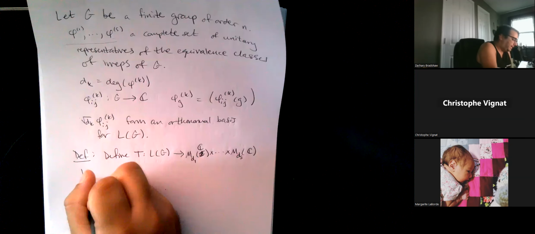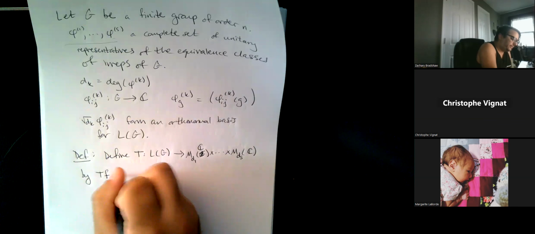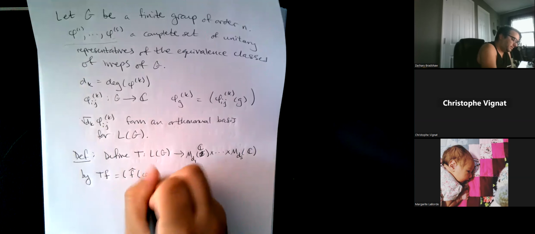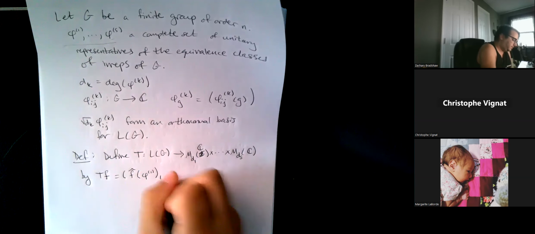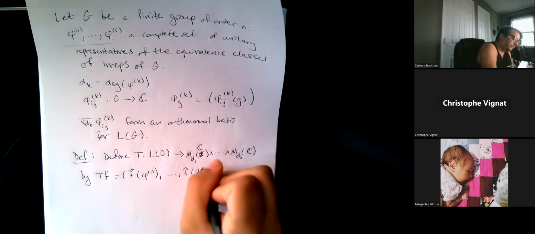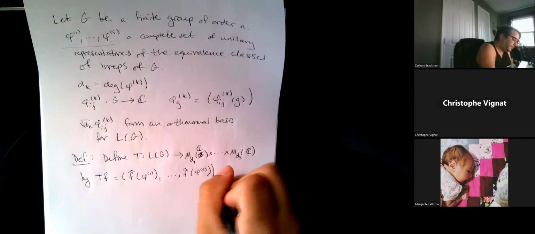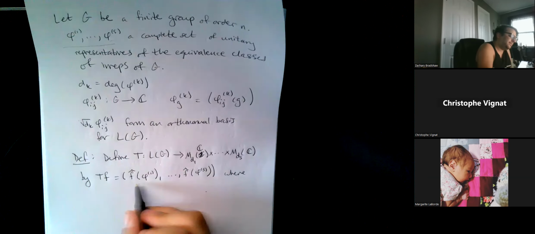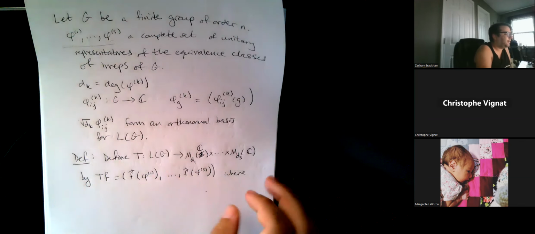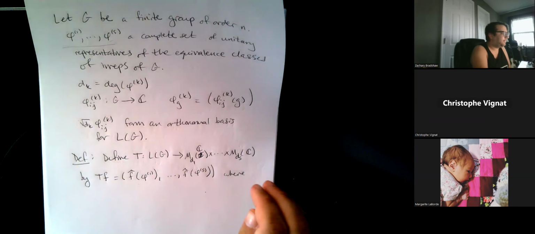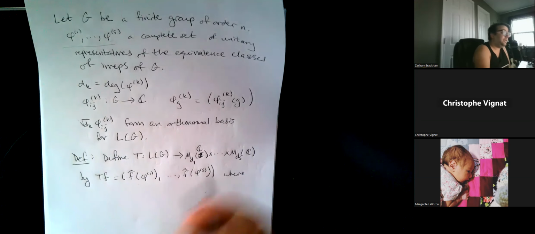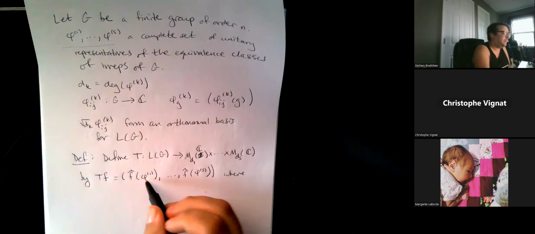How do we define this? Well, we define it by how T acts on f in the following way. So T f is the vector of Fourier coefficients, but we don't yet know what this means because these representations aren't necessarily one-dimensional. So we're still not in the regime of abelian groups. However, the coefficients of this representation are.